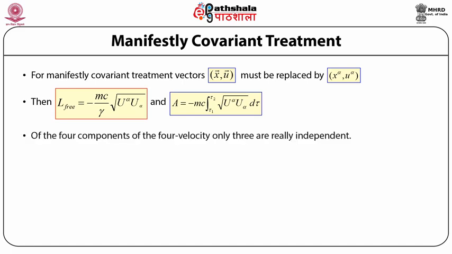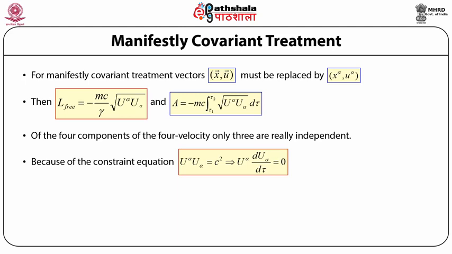Of the 4 components of the 4-velocity, only 3 are really independent because of the constraint equation, that is u alpha u alpha equals c squared, which implies u alpha du alpha by d tau equals 0. This has to be incorporated into the equation of motion. We cannot freely vary this action to find the equation of motion.